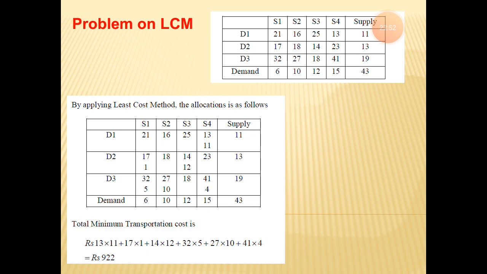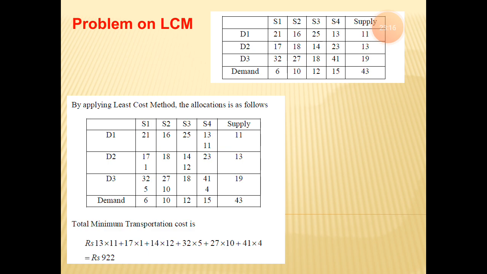We should not take the cost 16; you should go for 17. For the cost 17, we allocate 1, since 1 is remaining in the supply. Then it is exhausted.